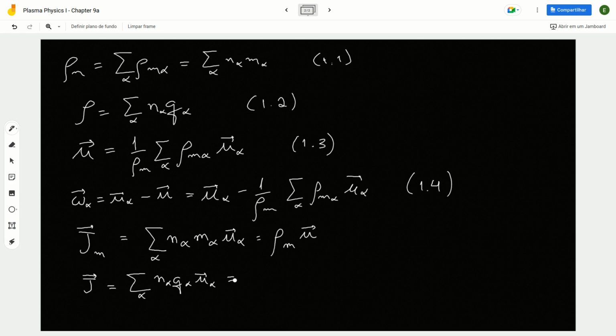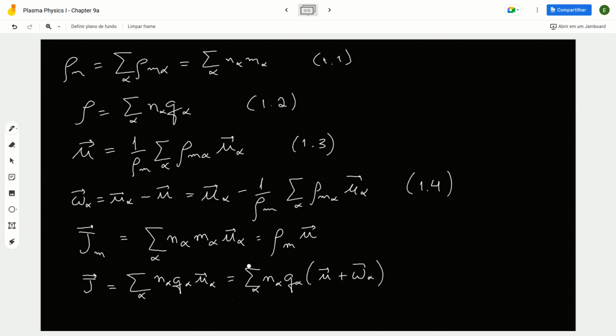If you use, let's see, 1.4 here, I'll use in place of this omega plus U. And n alpha Q alpha U plus omega alpha.